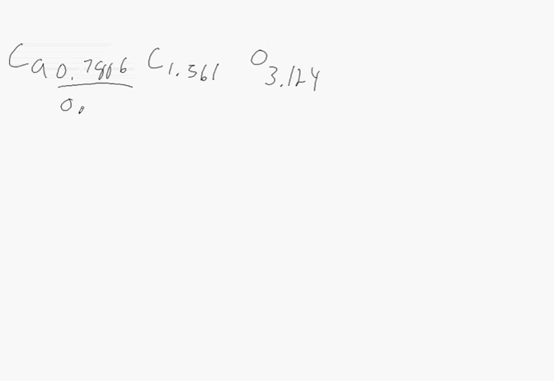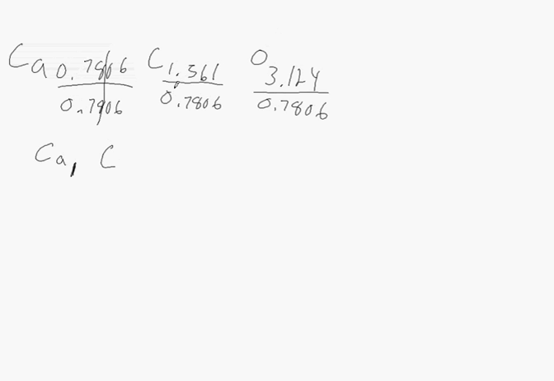So we have 0.7806, 0.7806, 0.7806. This cancels out. This gives me Ca, which is a 1.